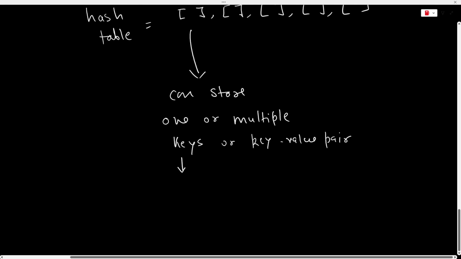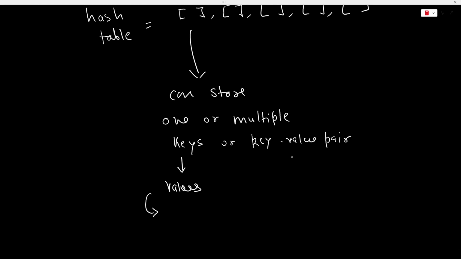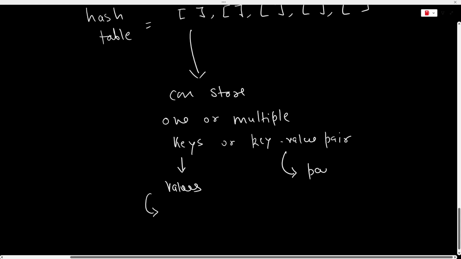Keys are simply values that we insert into a set, and key value pairs are pairs that we insert into hash maps.